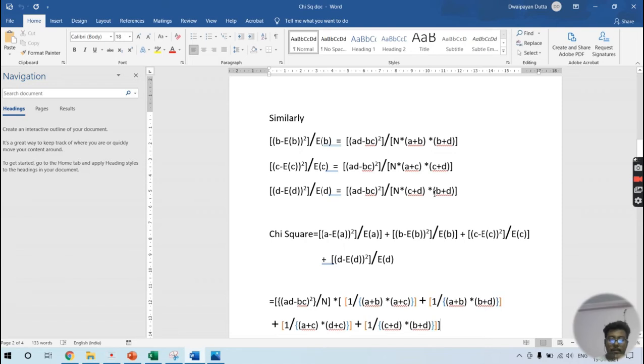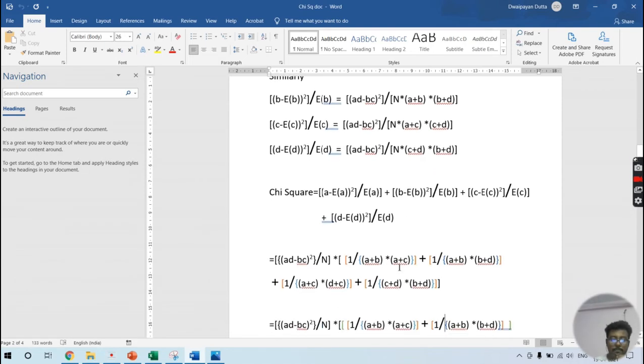see here, after we have used the chi-square test, I have put this color bracket so that you have a better understanding of what we are doing. After putting these values, I have taken this (AD minus BC) whole square divided by n as common and I have kept the rest. So for each of these values, 1 by (a plus b) into (a plus c) is one part.